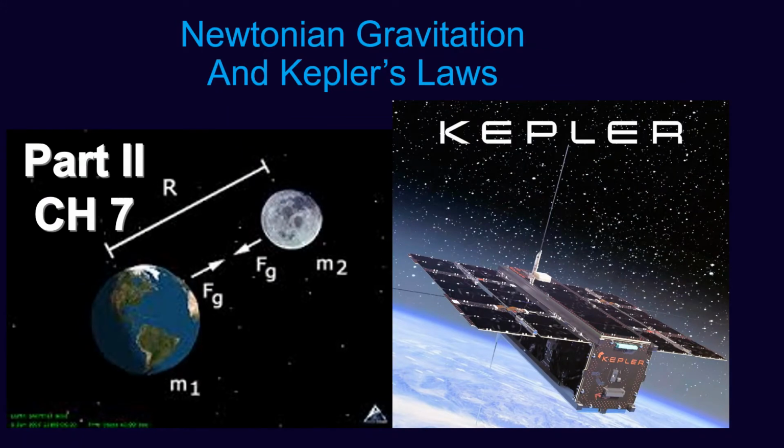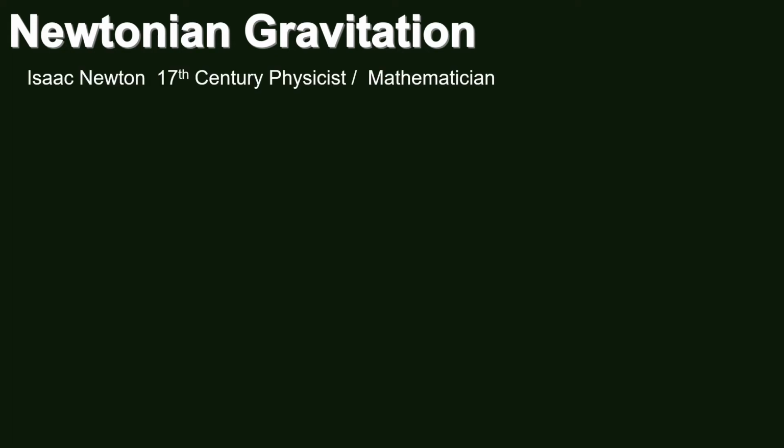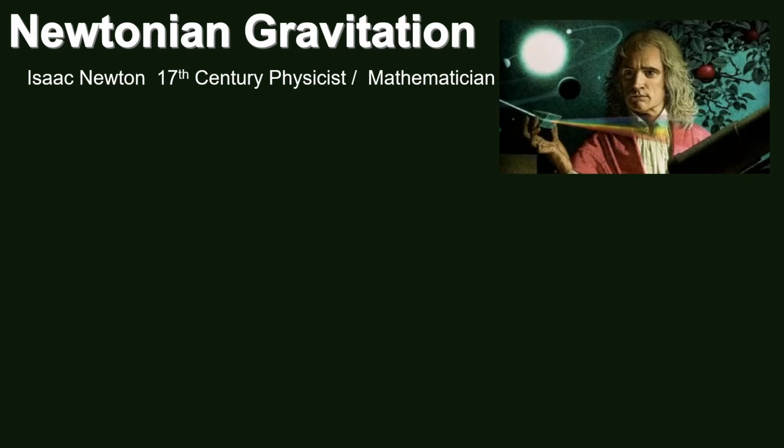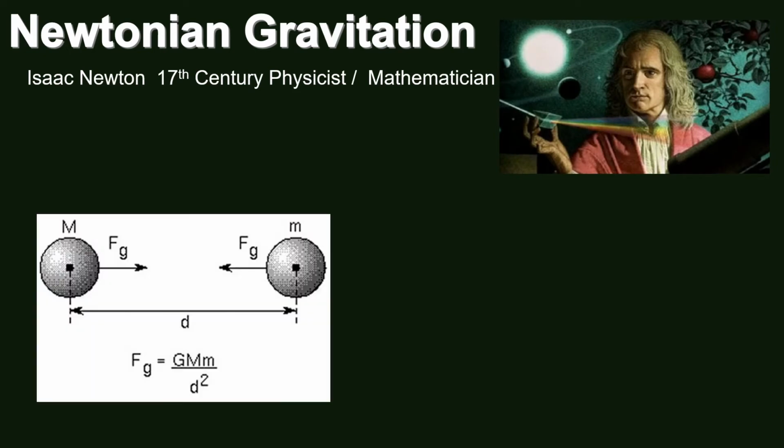Okay, we're going to finish Chapter 7, Part 2, Newtonian gravitation and Kepler's laws. First of all, let's talk about Newtonian gravitation. Isaac Newton, who was a physicist and mathematician in the 17th century, postulated what gravity is.